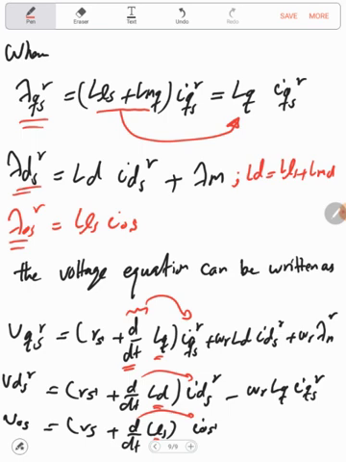So simply, also we can find an expression for the torque from the voltage equation in the QD reference frame by calculating the power. So let's calculate the input power in the QD0 reference frame.